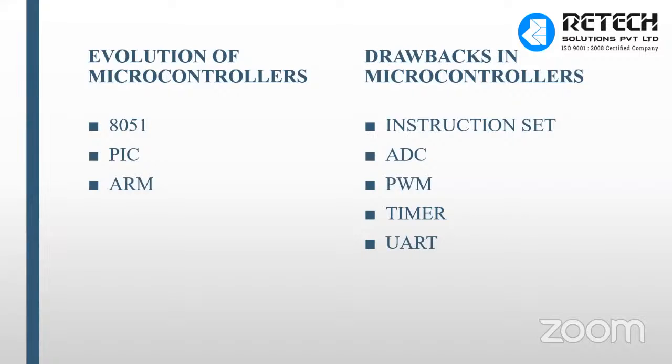In this microcontroller also every drawback is rectified. The ARM microcontroller does not have any drawbacks, but the cost is the matter. If you use an ARM based microcontroller, the cost will be 2,000 to 3,000.